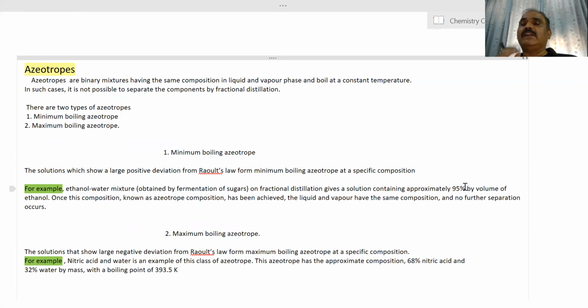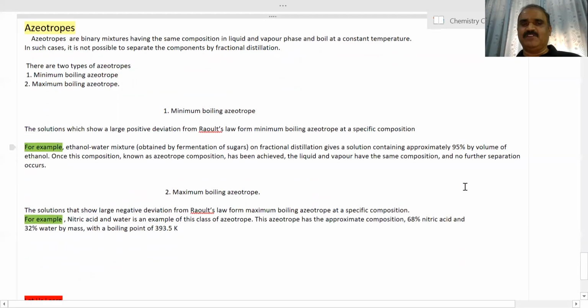What will happen? The boiling point of this solution is lesser than the boiling point of water as well as boiling point of alcohol. Exact values you can get from your books. Okay, so that is an azeotropic mixture. It will boil like a pure solvent without any change in composition.